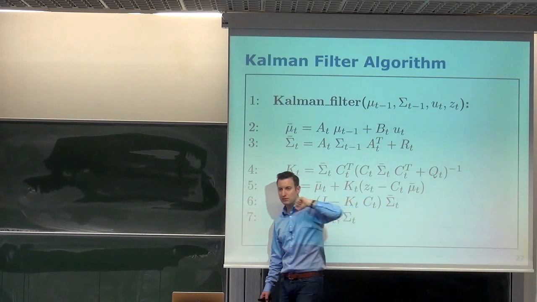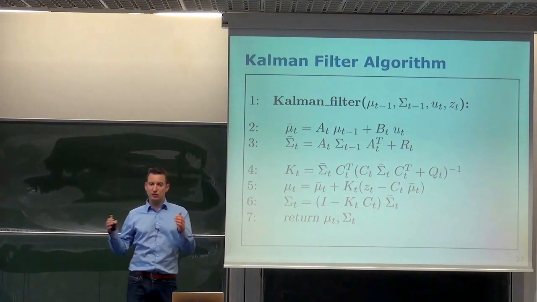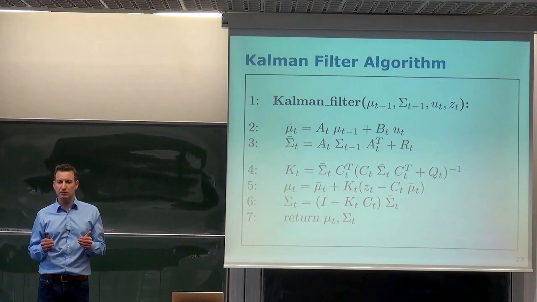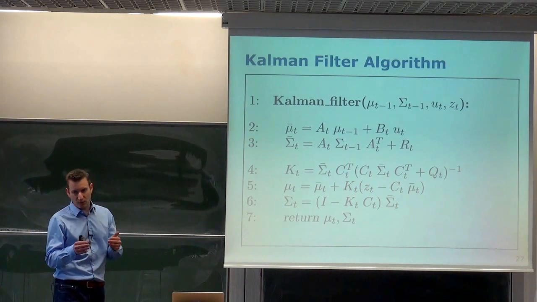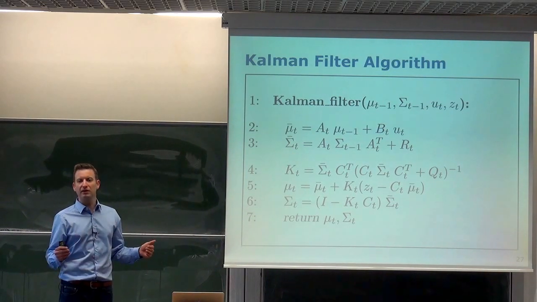Okay? So this gives us our predicted belief. So it's a combination of the uncertainty we had before, the transformation that we execute, and the uncertainty of the motion that we execute.